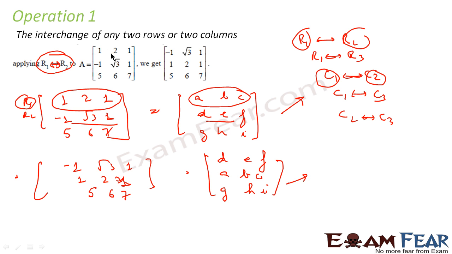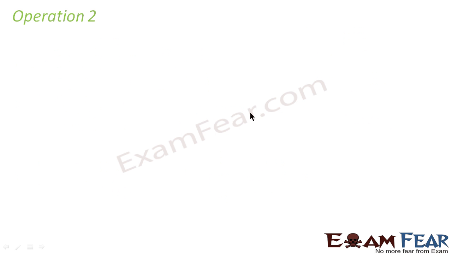We'll solve some more examples to understand why we need these operations, but just understand that this is not done only for one side. It's always left hand side and right hand side, and then only perform operations. Correct? If you're swapping rows here, you have to swap rows here also. If you're swapping columns here, you have to swap columns here too.